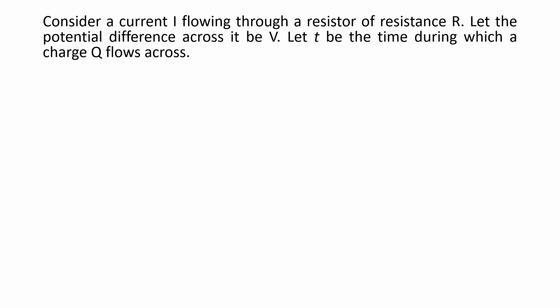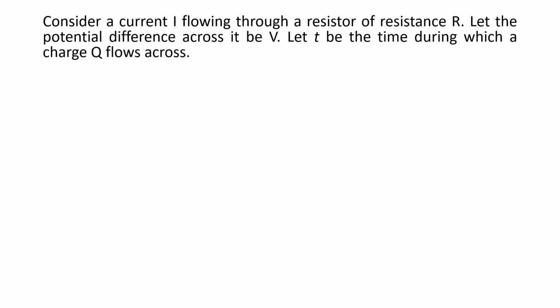So now we have to derive that equation. So let us derive. Now consider a current I flowing through a resistor of resistance R. So we have a resistance R, we have applied a potential difference V across it, and I is the current flowing through the resistor.